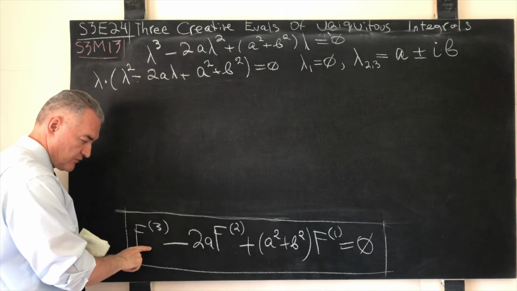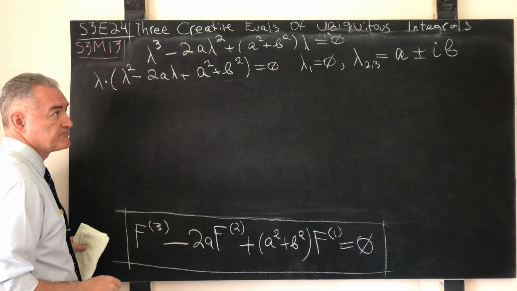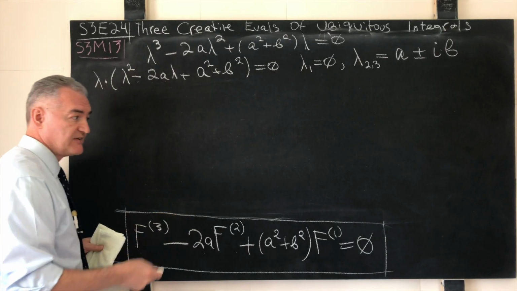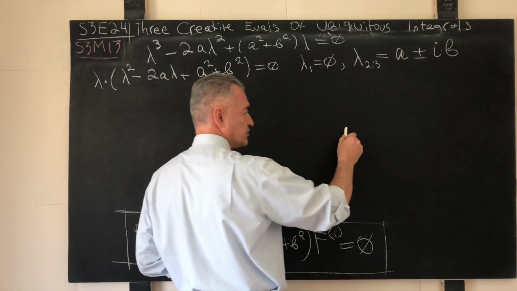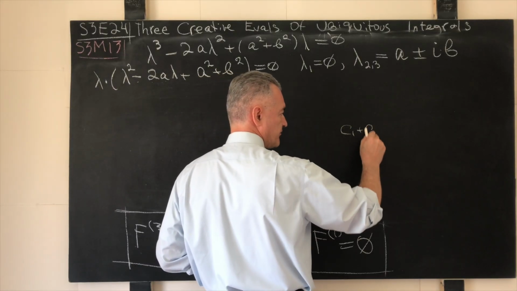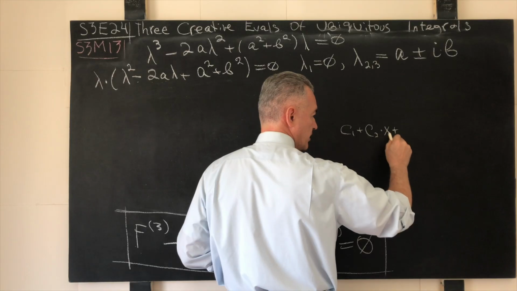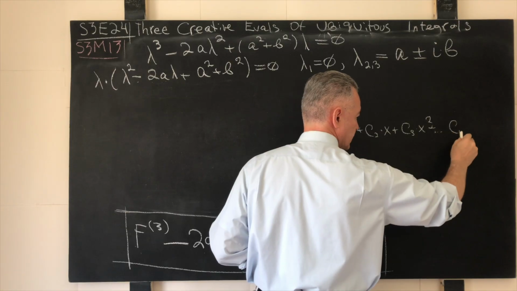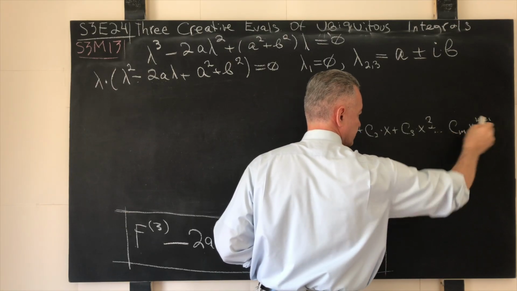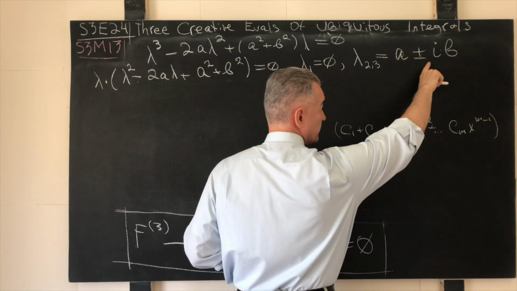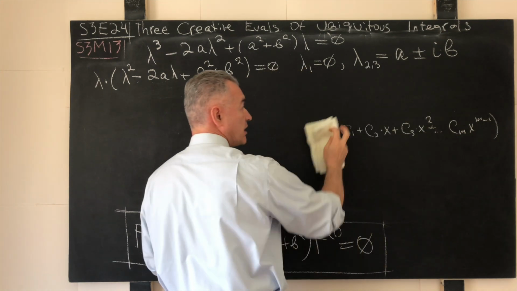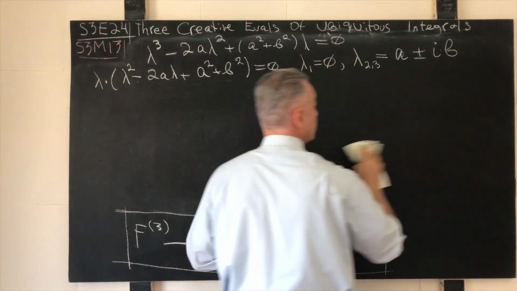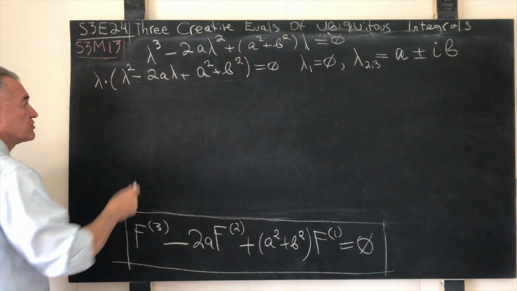Precisely because of these constant real coefficients, we know that usually when there are roots with certain multiplicity involved, we will be piling on terms that look like this: C1 plus C2 times x plus C3 times x squared, and so on, Cm times x raised to the power m minus 1, if the multiplicity of the root is m. But in our case, the multiplicity of all the roots is 1, and that means that the general solution of this equation will be the following.